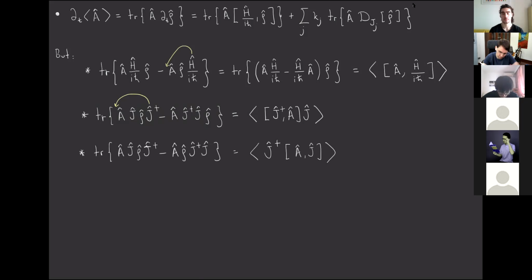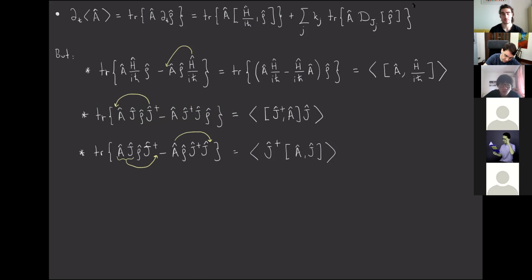If you are wondering how, I guess the easiest way is to move A to this part and then A J to this part, and then you will see it right away. So just do it yourself at home to convince yourself that this is the case.